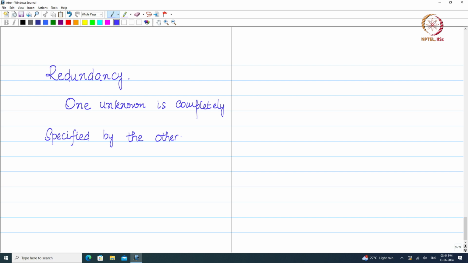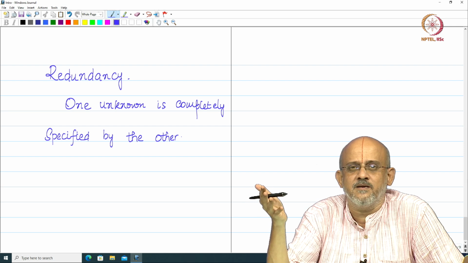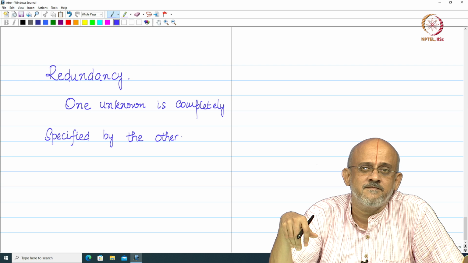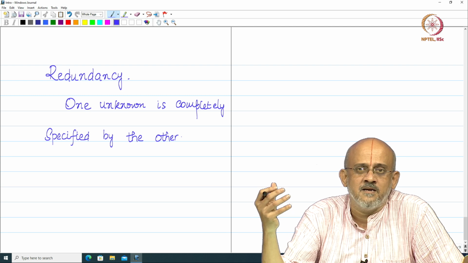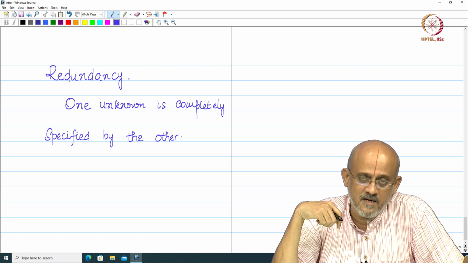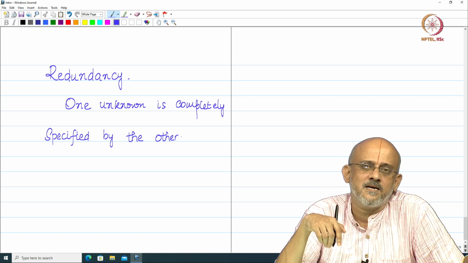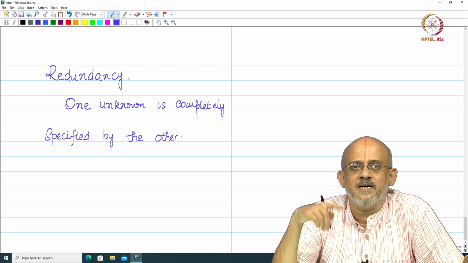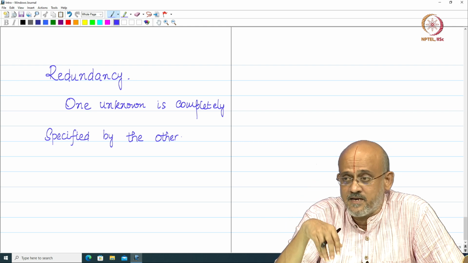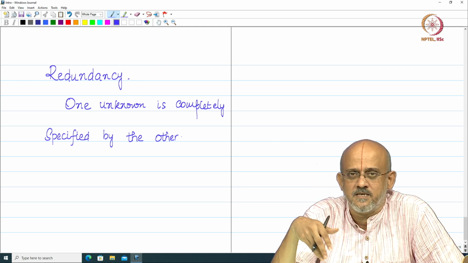That means the second equation is the same as the first equation, so redundant information is there. Is that clear? This redundancy is what manifests itself as infinitely many solutions.